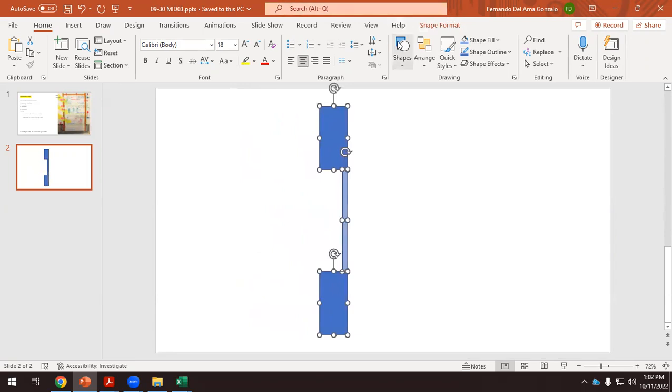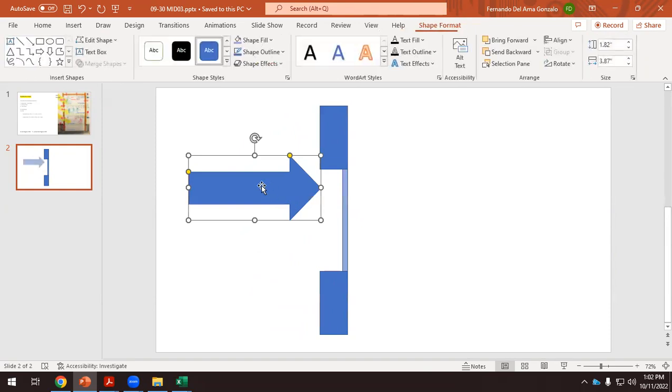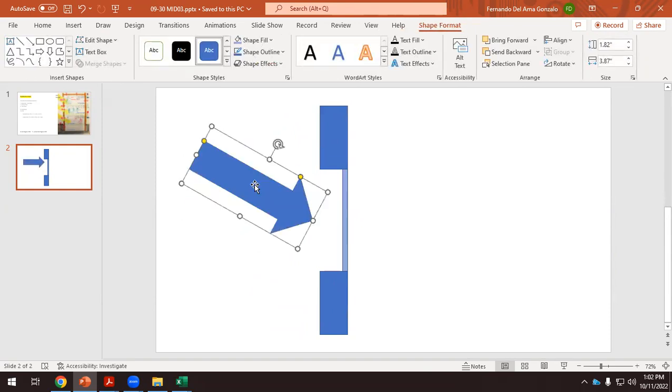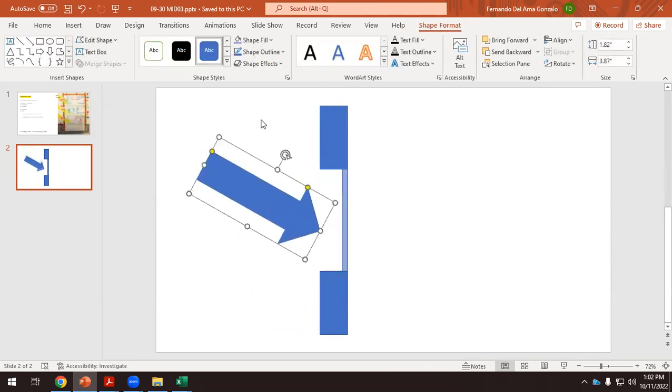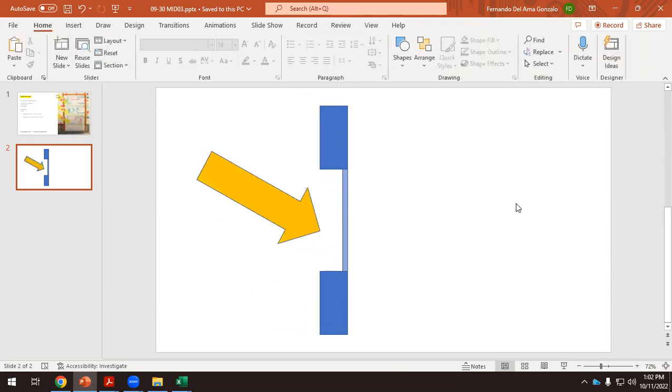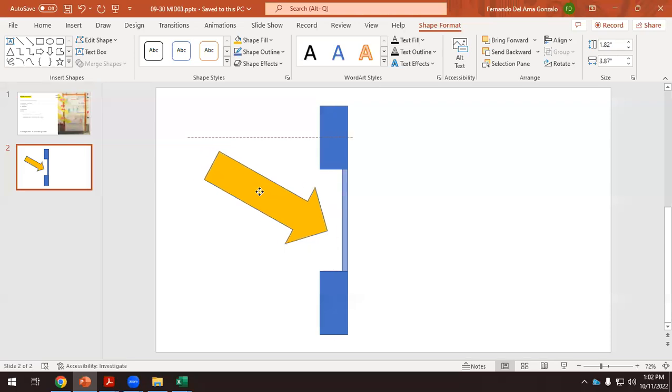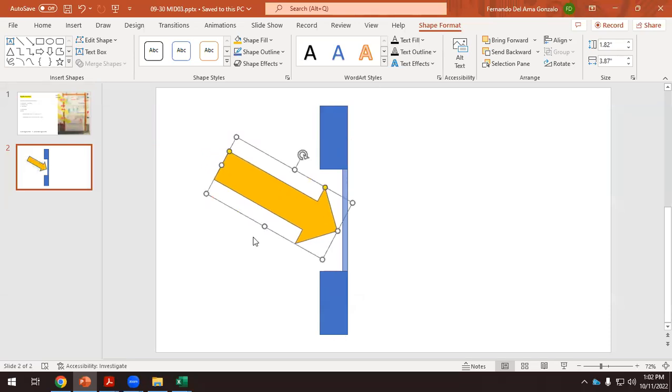Now we have the sun. So this big yellow arrow is the sun. Actually, this is the solar radiation that we have in PVWatts.